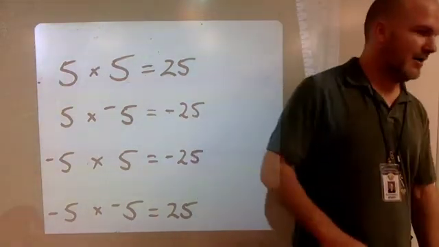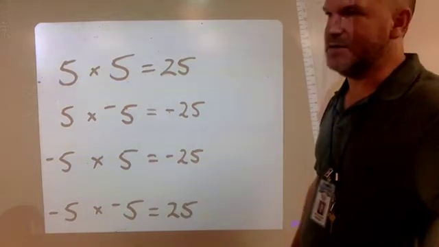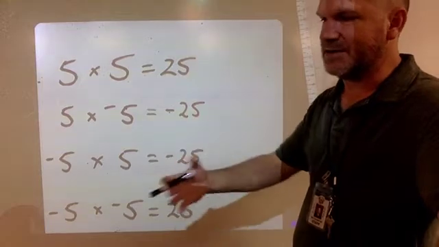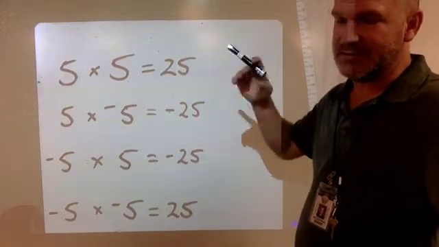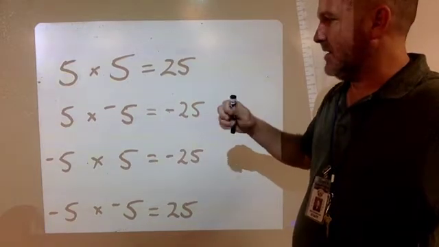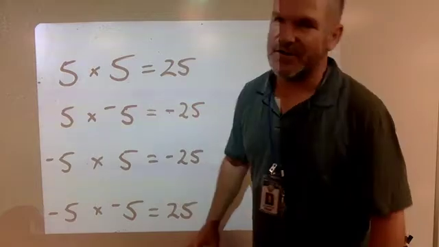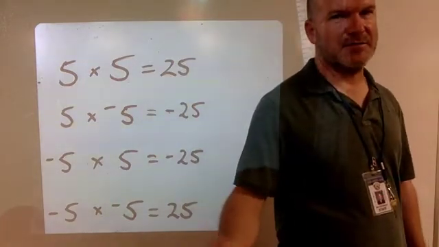All right, I decided to do things a little bit backwards this time. Last time I gave you the analogy of a bank account, and adding or subtracting is withdrawing or depositing, and then your positive and negative numbers are money or debt. And then I kind of got into the rules later. Now I'm giving you the rules first, and I'm going to give you the analogy second, which is right now.